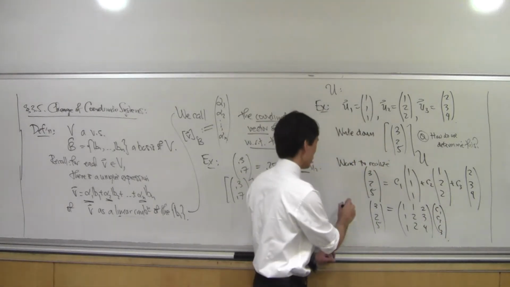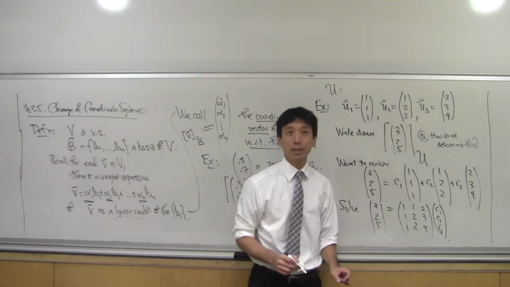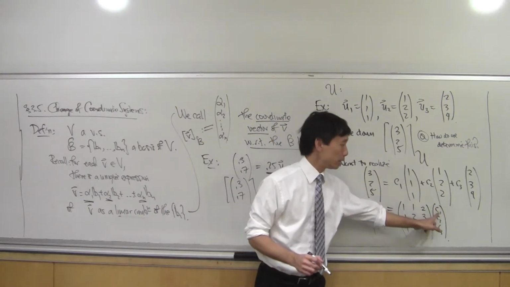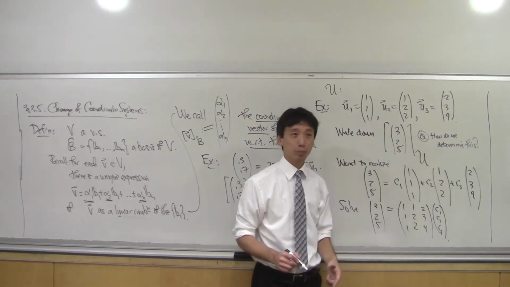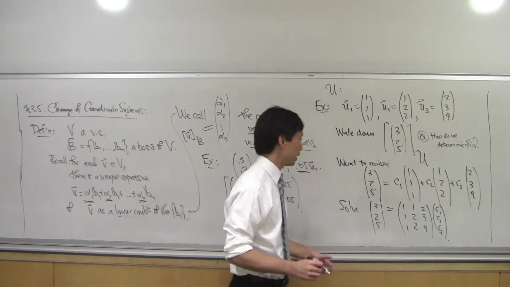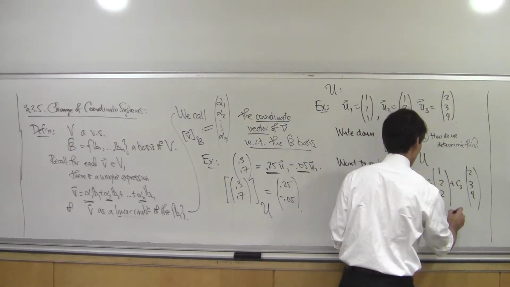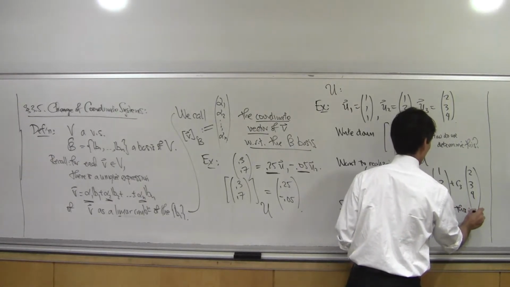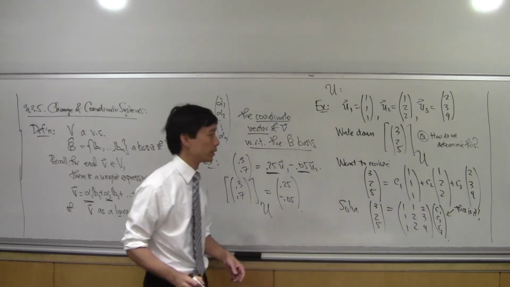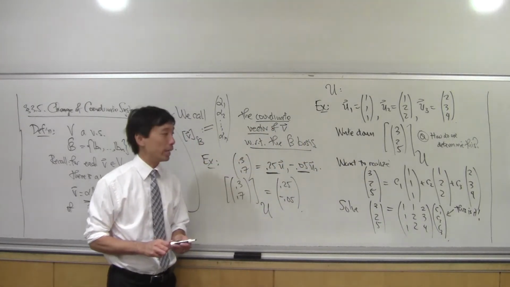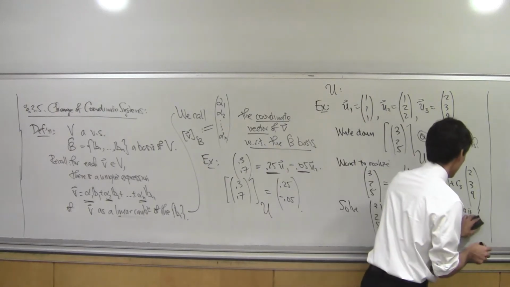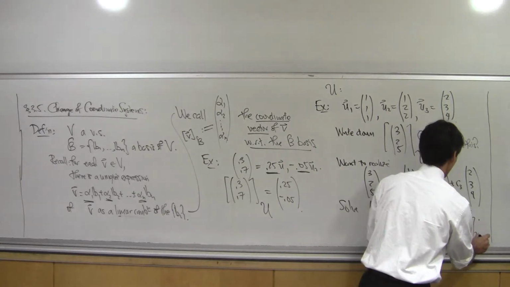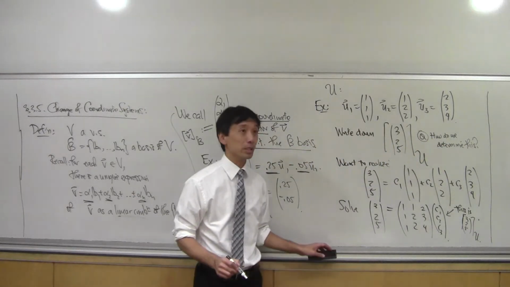So just solve this, and that will give you C1, C2, C3, which is what you're looking for. This is the coordinate vector with respect to the U basis.